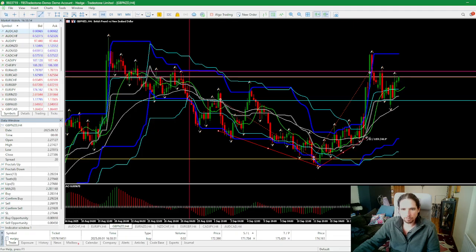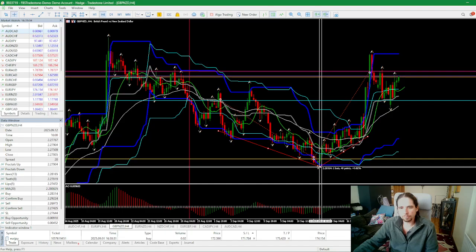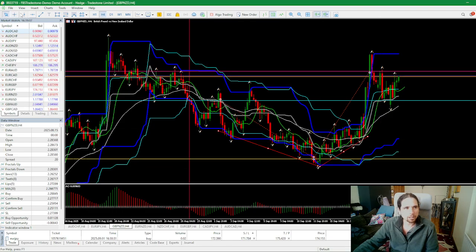You can see with those fractals, that's how it reversed there, and this point here. So that's a good indication of a reversal.